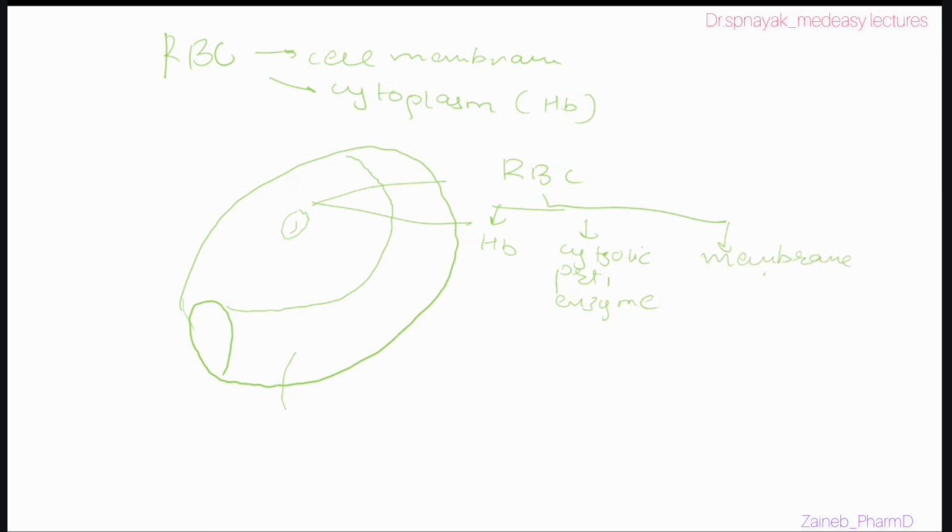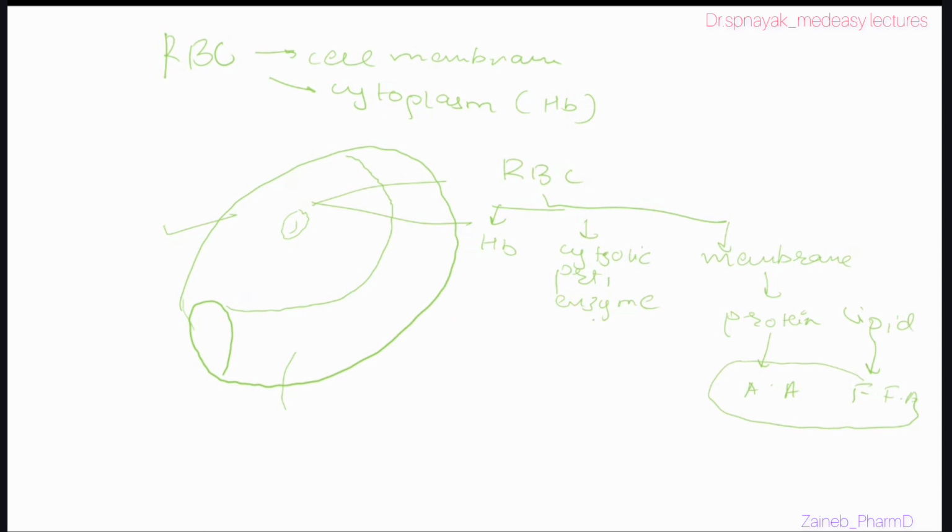This membrane is broken down into proteins and lipid. This lipid is broken down into free fatty acid, and the protein is broken down into amino acid. This free fatty acid and amino acid is consumed by the macrophage itself for its own purposes.